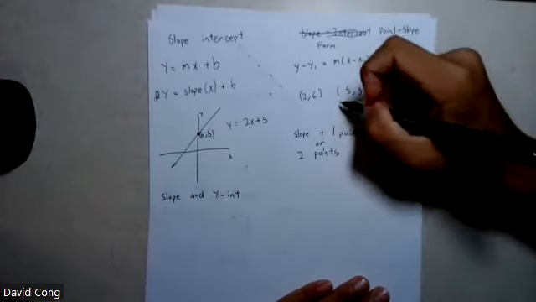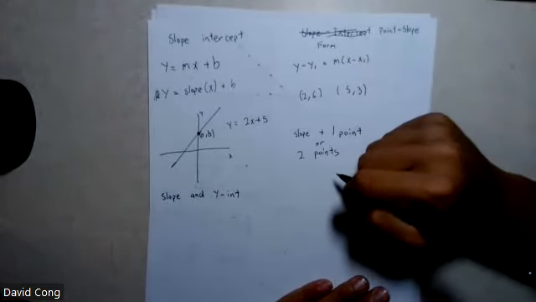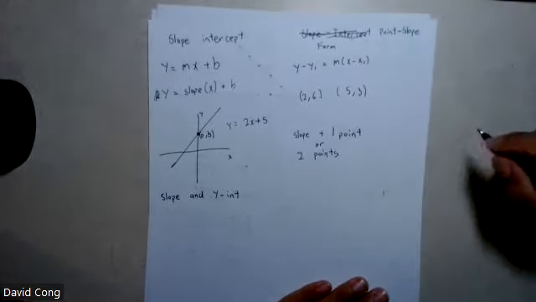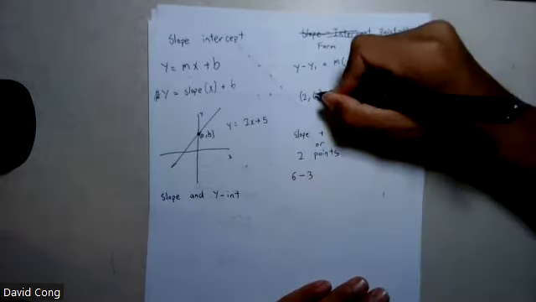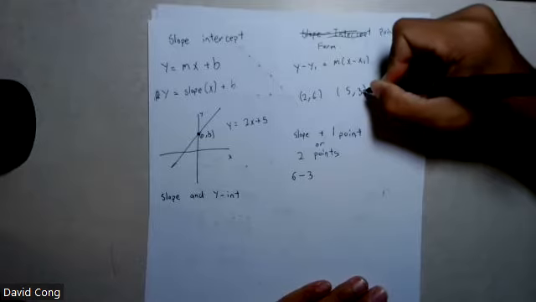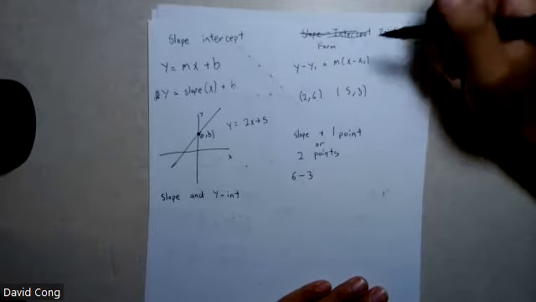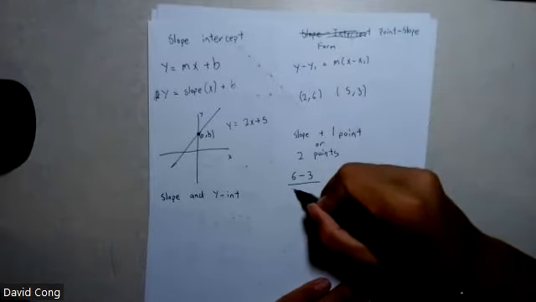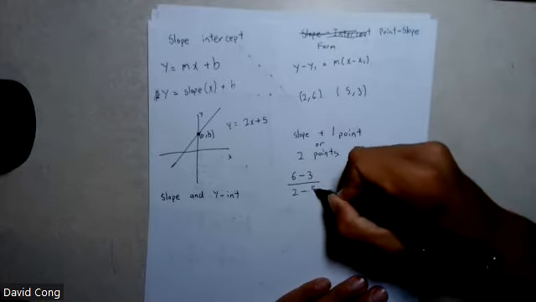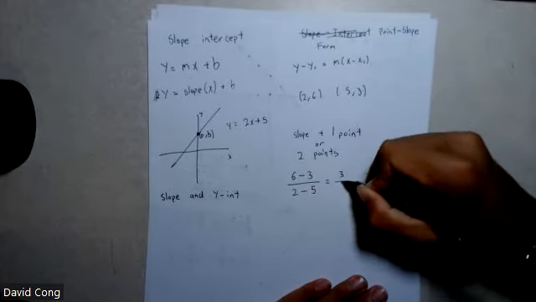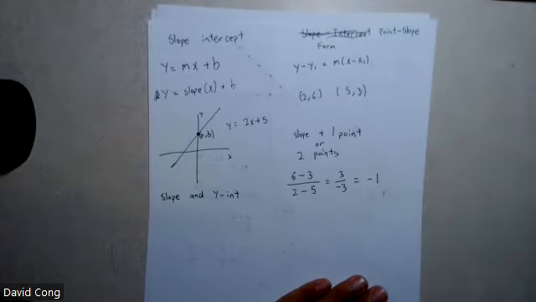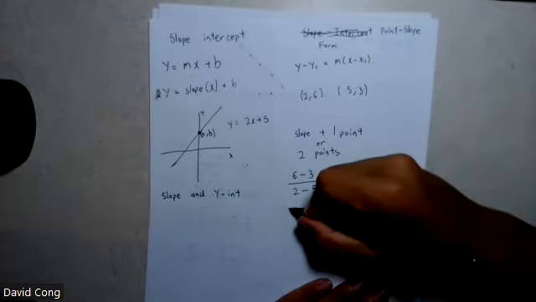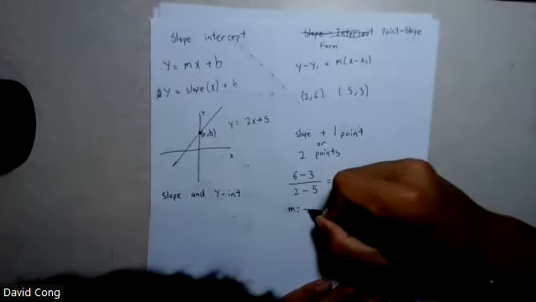So we have 2 points here, which means this works. So what we would do is we'd first find the slope, y2 minus y1 over x2 minus x1. And we have our slope of -1. So our m is equal to -1.